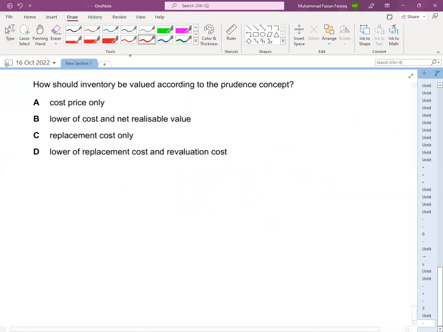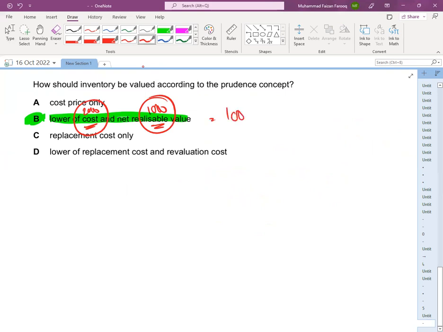The next question appearing on your screen right now is again asking about the prudence concept. Prudence means anticipated loss must be recorded. Lower of cost and NRV, we just discussed many times. Cost is 2000, NRV is 1000, so we are recording it at 1000. The item was 2000, we are recording it at 1000, so 1000 is the loss, and this is a future loss, an anticipated loss.